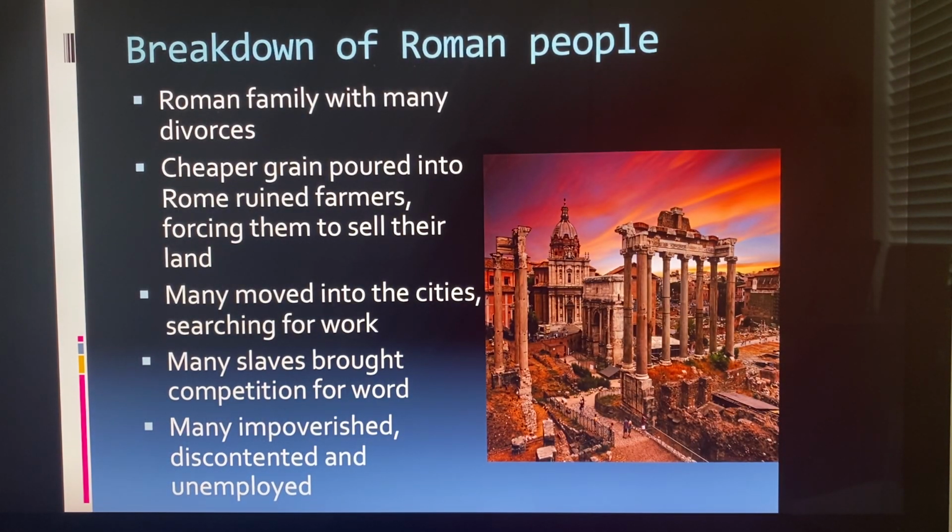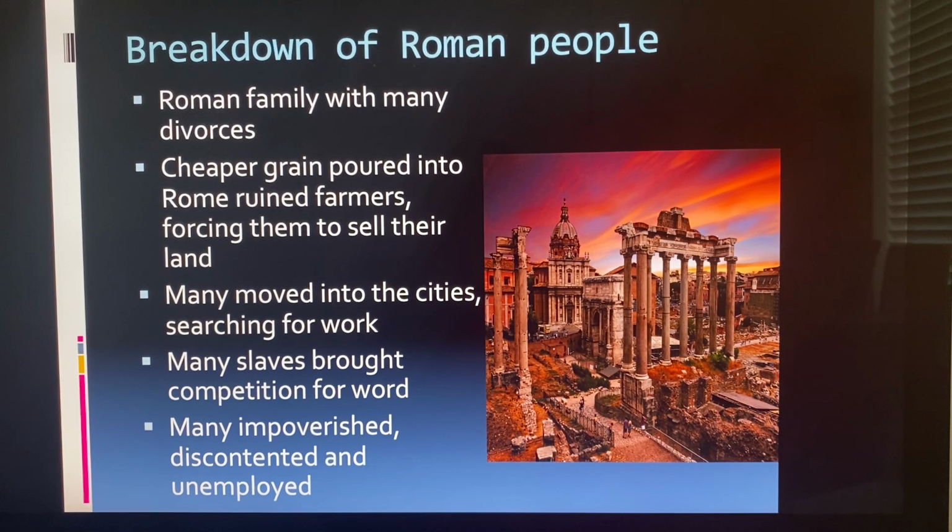The breakdown of the Roman people, the Roman family. The Roman family now would start to break down. There would be many divorces, and of course I talked about the cheaper grain that poured into Rome and ruined the farmers, forcing them to sell their land and move into the cities.